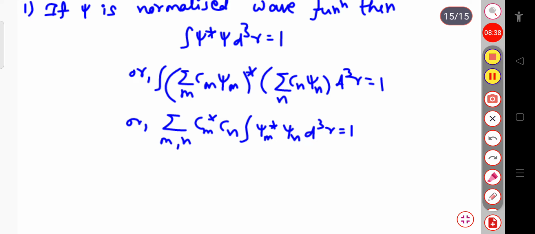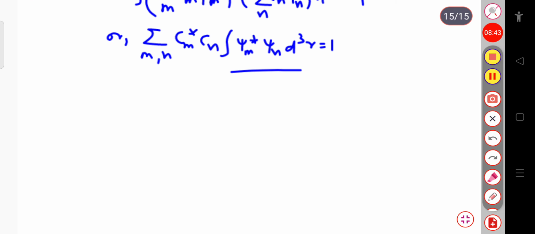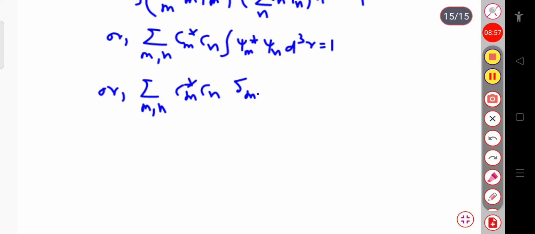Okay, so now from this expression you can see psi m star psi n dqr is equal to delta mn, or we can write sum over m comma n Cm star Cn into delta mn, that is equal to 1.